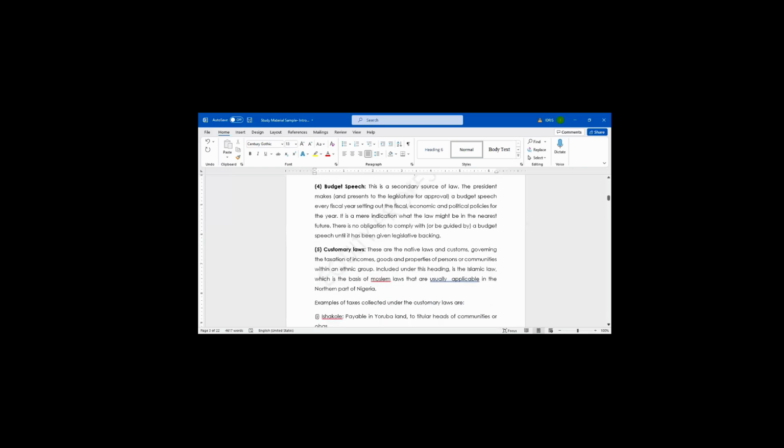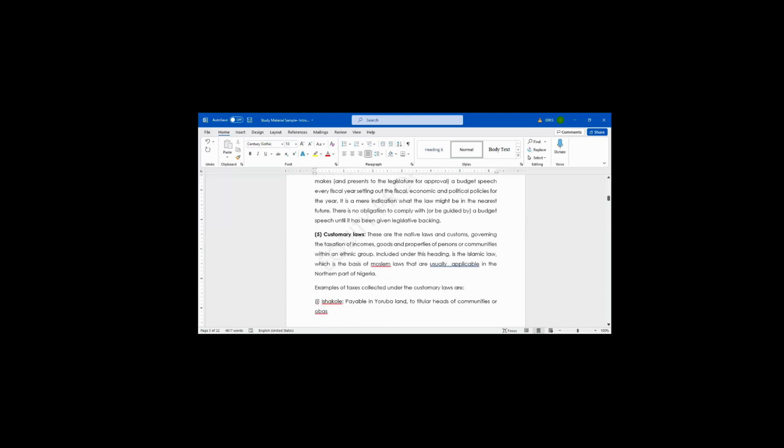Another source of tax law is called customary law. What do we mean by customary law? Customary law is the olden days law. Tax has been in existence for thousands of years. Tax is not just a new topic.